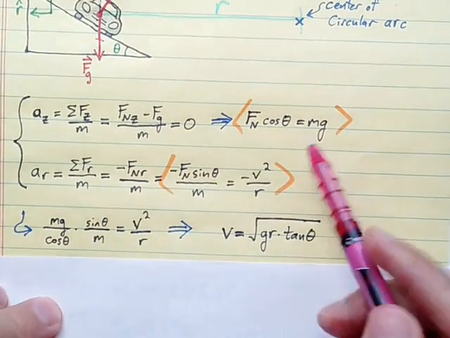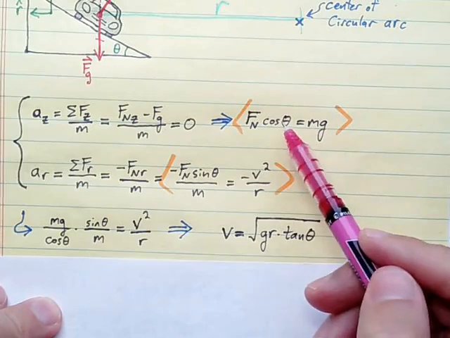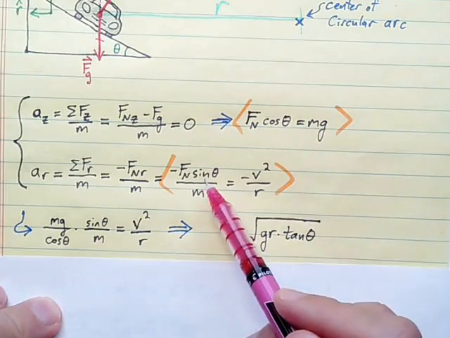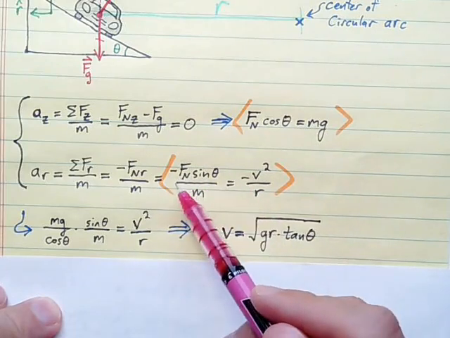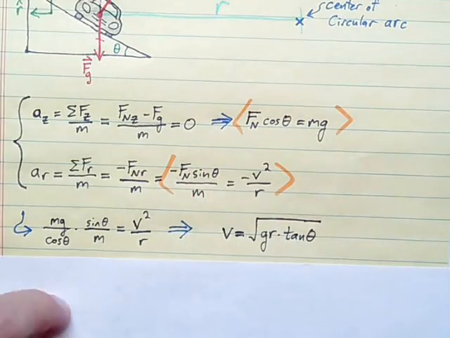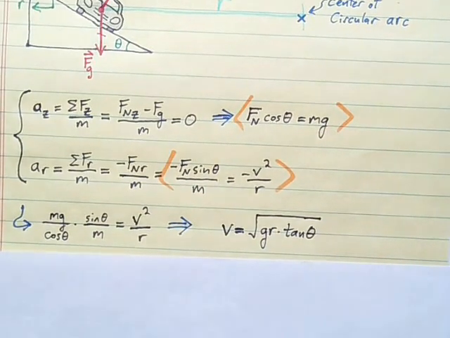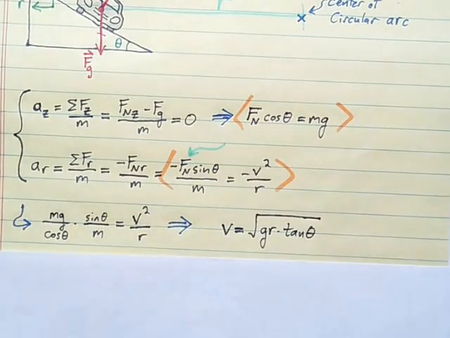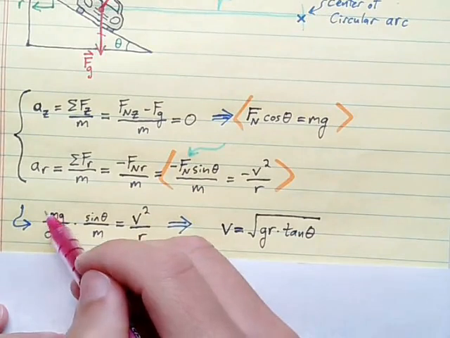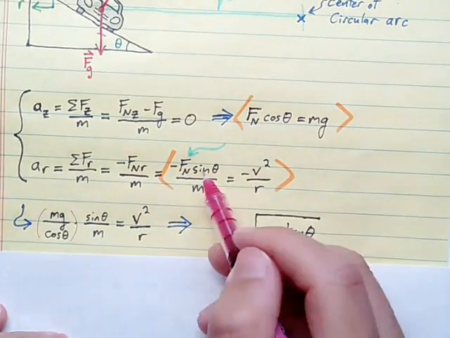Okay, so this equation says that the normal force is equal to mg over cos theta. In this equation, if I multiply through by minus 1 to get rid of the minus signs, I'm going to substitute in for that normal force, mg over cos theta. So here is our mg over cos theta, that's our normal force, times sine theta over mass.